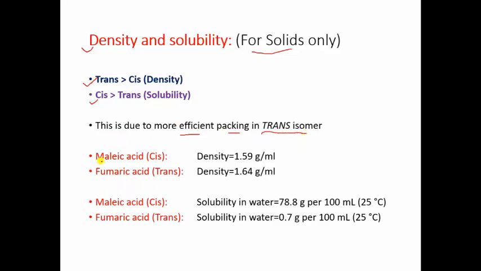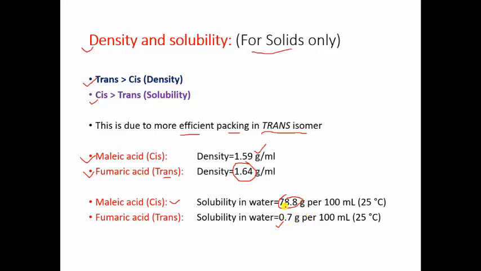So you already know maleic acid is cis and fumaric acid is trans. The density value of trans is higher than maleic acid. Explaining the solubility in water, maleic acid is higher than the trans.